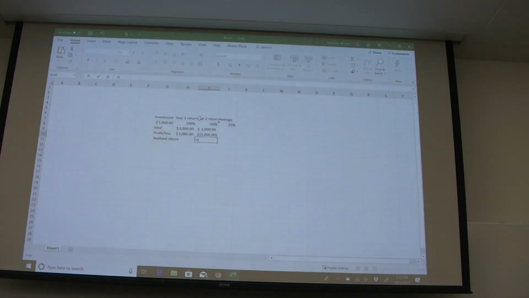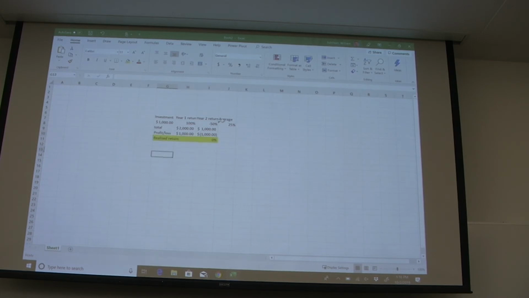So we have our ending of $1,000 minus our beginning of $1,000, divided by our beginning balance. We can put that in percentages. So our realized return is actually 0%. We started with $1,000, we ended with $1,000.